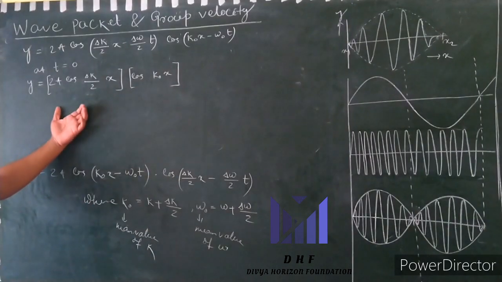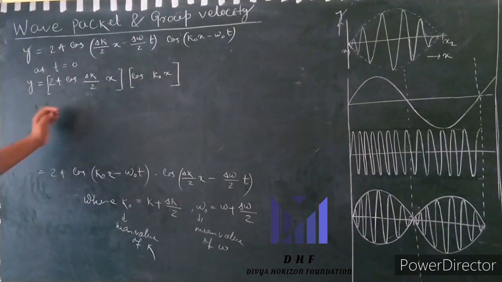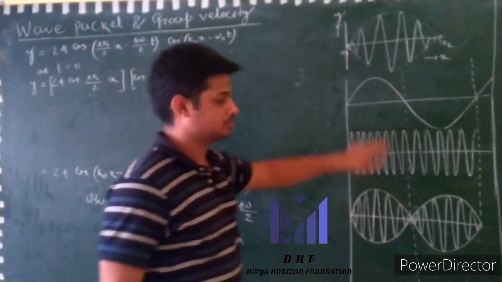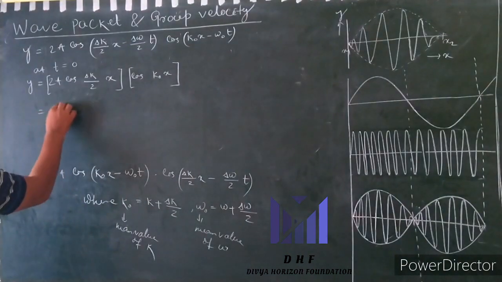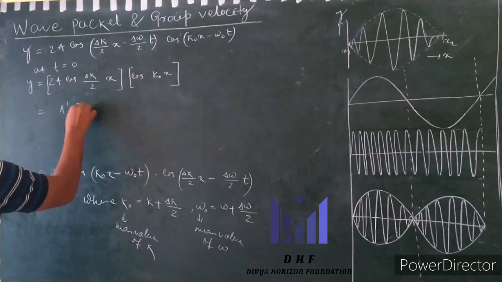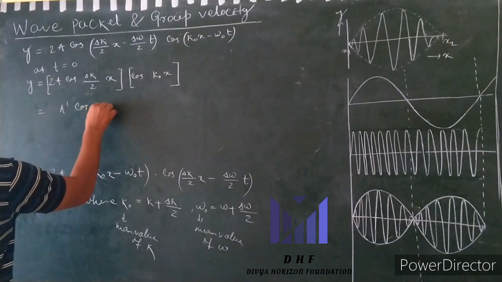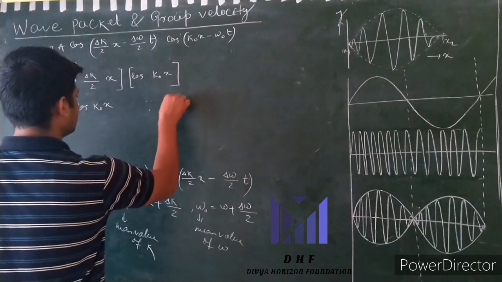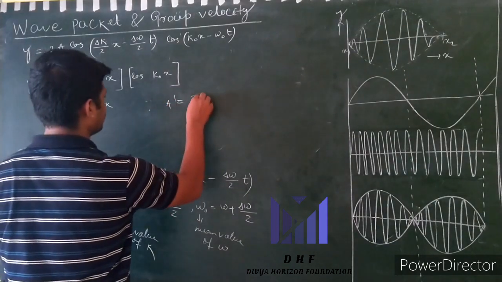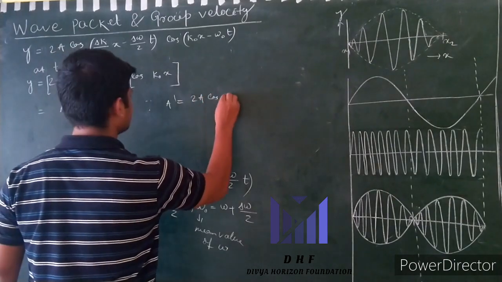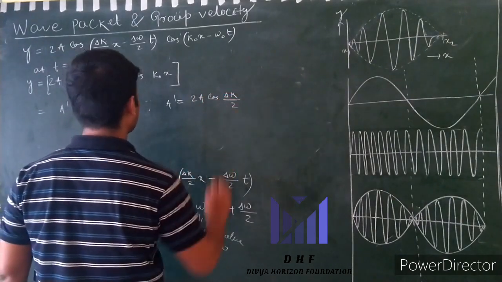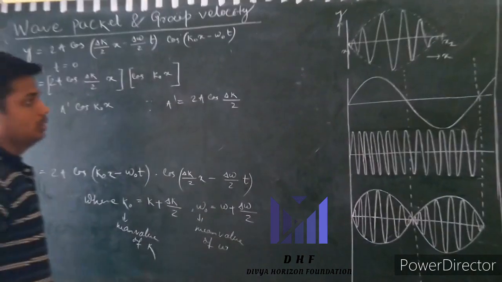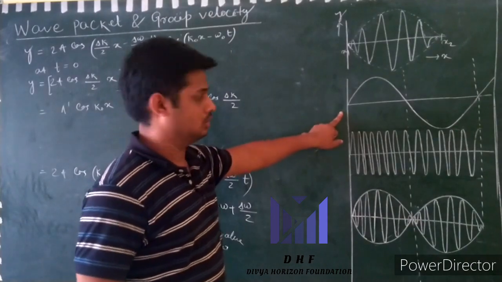If we draw a graph between x versus y for this term, we will get this figure. If we write a dash into cos k0 x, where a dash is equal to 2a cos(del k by 2), and draw x versus y for this term, we will get this equation.